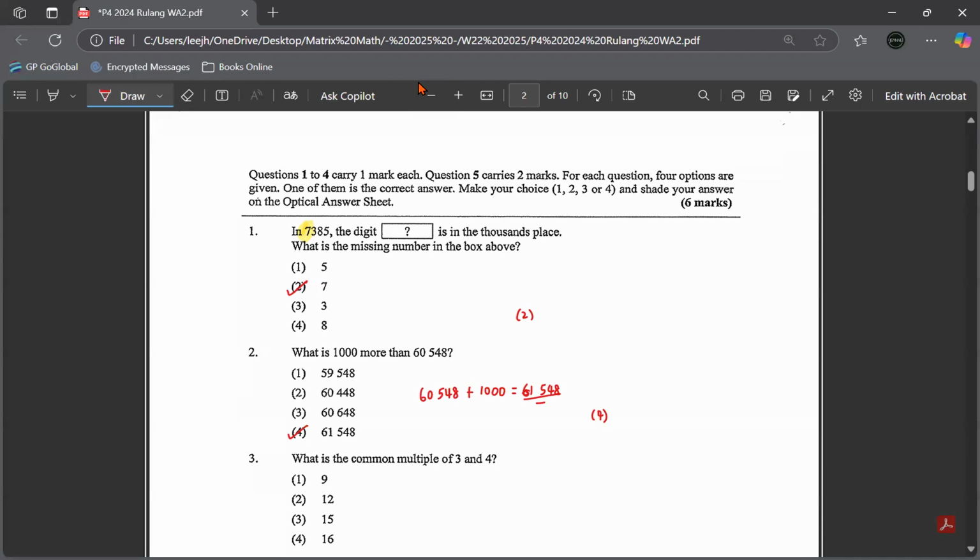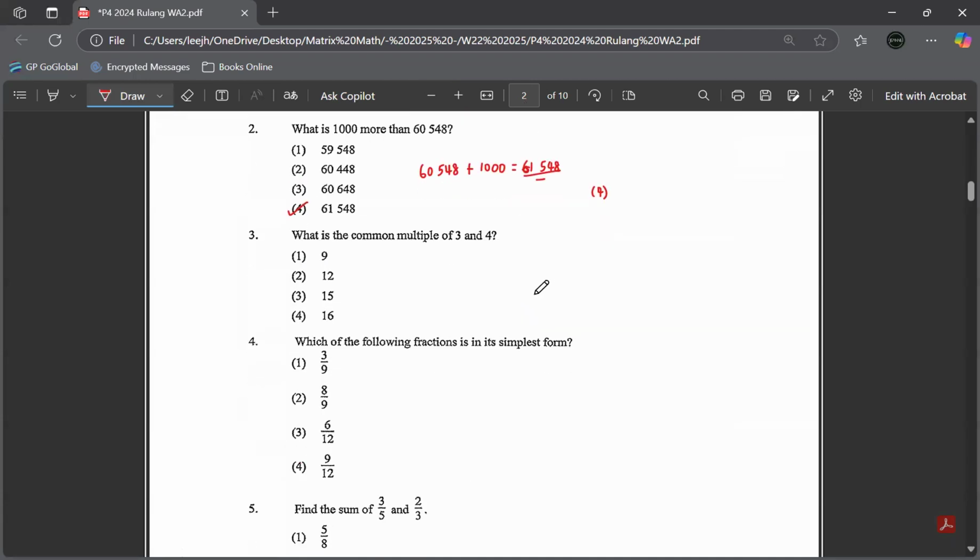Okay, question number 3. Wait, I cannot seem to move. Wait, okay. Question 3. What is the common multiple of 3 and 4? So if you don't know, list out multiples of 3, list out a few. 3, 6, 9, 12, 15, 18, and so on. So you see, the greatest number is 16, so you don't need to list even more.